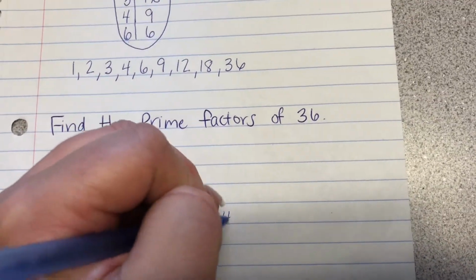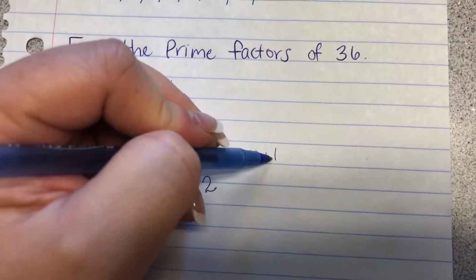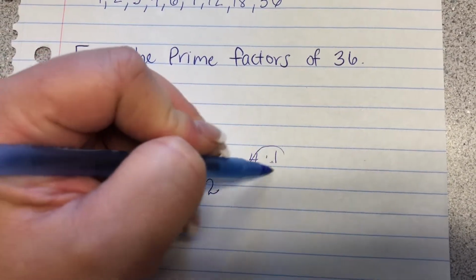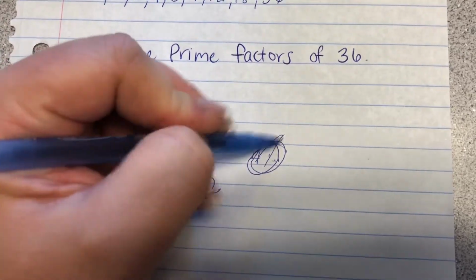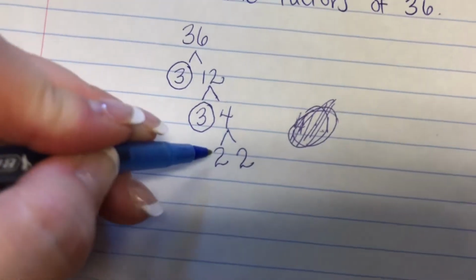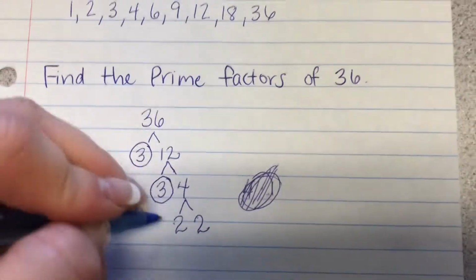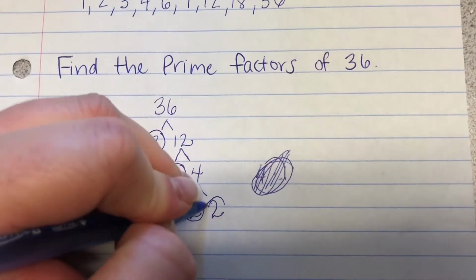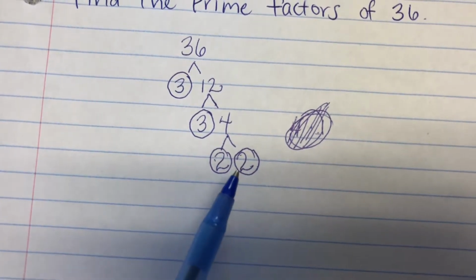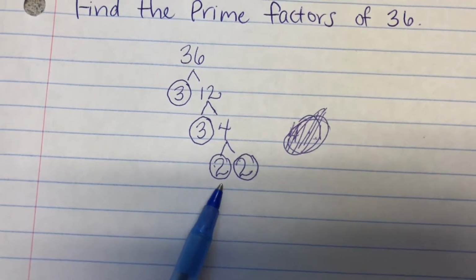I cannot say 4 times 1 because I don't want to use a 1 in a prime factor tree. I've seen a lot of kids trying to use a 1 in a prime factor tree, but that's a big no-no. Do not use a 1. Okay, so 4 factors to 2 times 2. Now 2 is prime, so we're going to circle both of those. And now since I've circled both branches, I have completely finished my prime factorization.